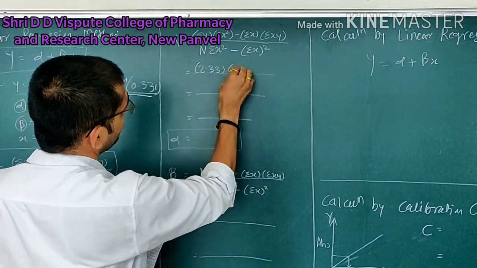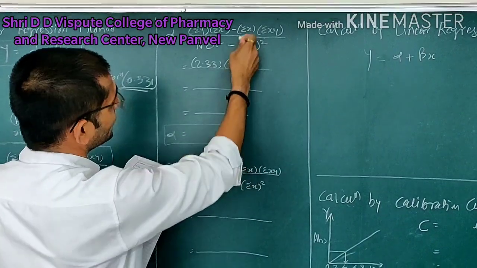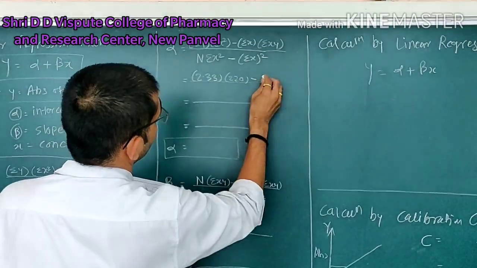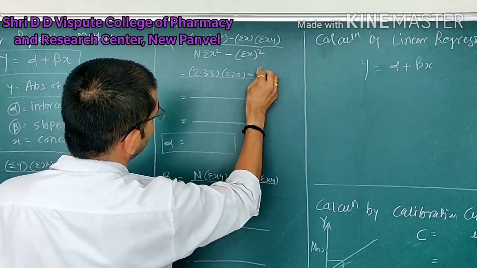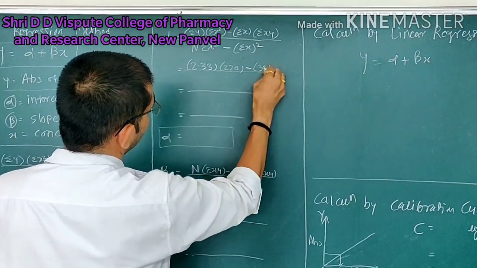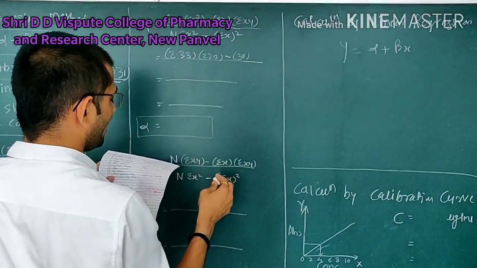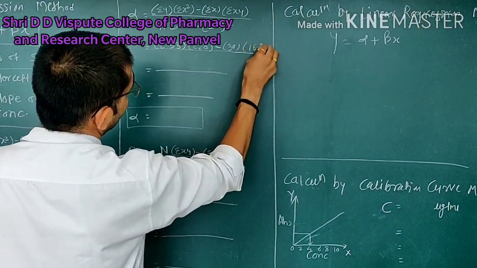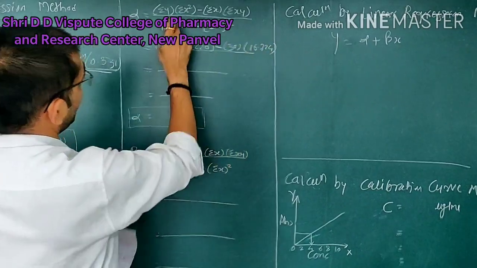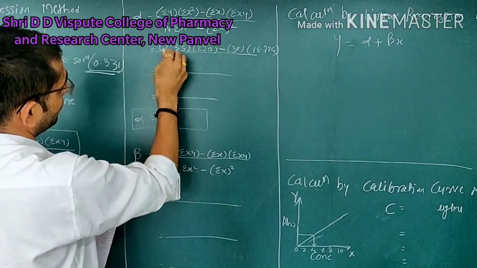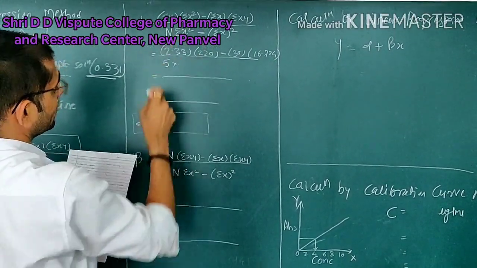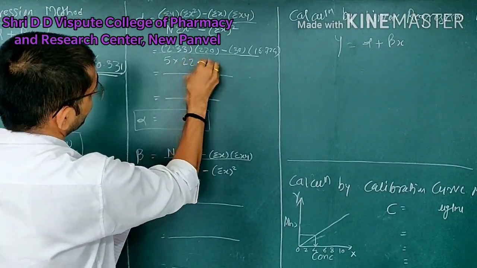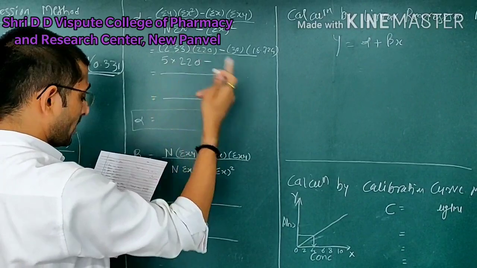Into summation of x square 220 minus summation of x square. So summation of x value is 30 minus summation of xy value is 16.724, upon n, the value 5, into summation of x square 220 minus (summation of x) whole square.